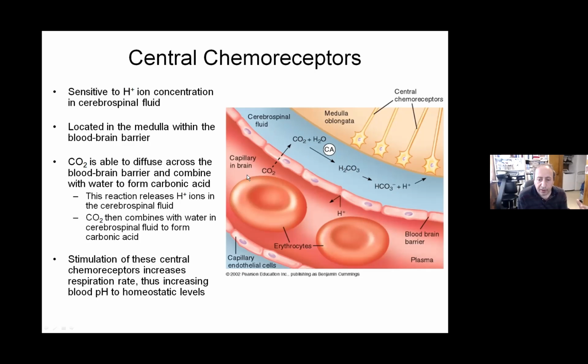So the capillaries, if they have a high level of carbon dioxide, carbon dioxide is a gas that diffuses into the cerebrospinal fluid, and it's converted into protons. So these protons will activate the neurons.